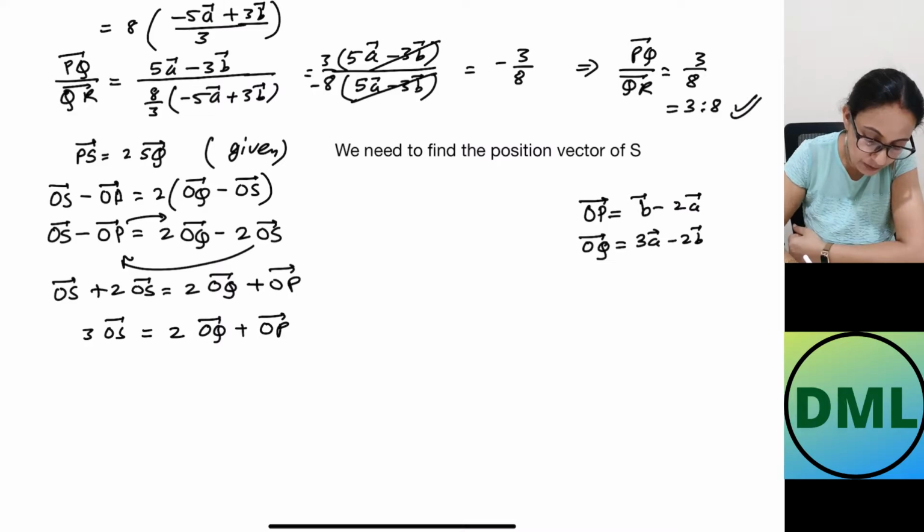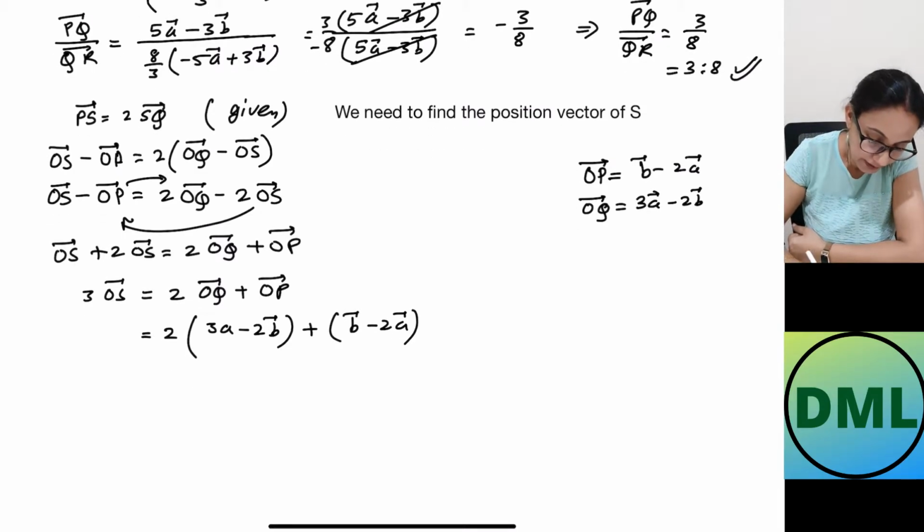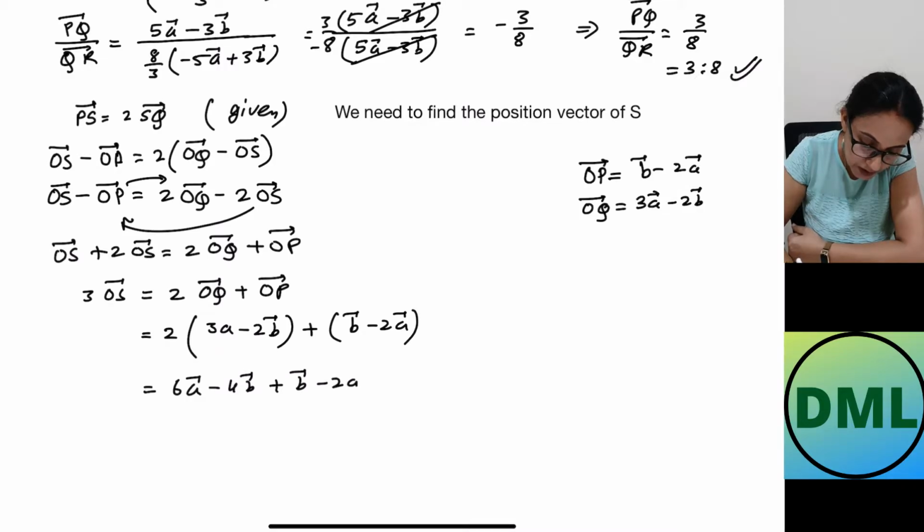Now let's substitute the vectors OQ and OP. It will be 2 times OQ, OQ is 3A minus 2B, plus OP vector. OP vector is B minus 2A vector. Now let's open the bracket here. It will be 6A minus 4B plus B minus 2A.